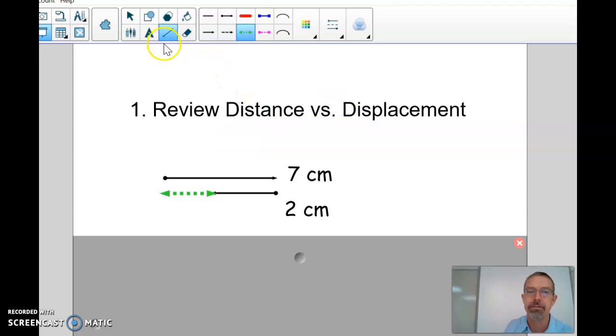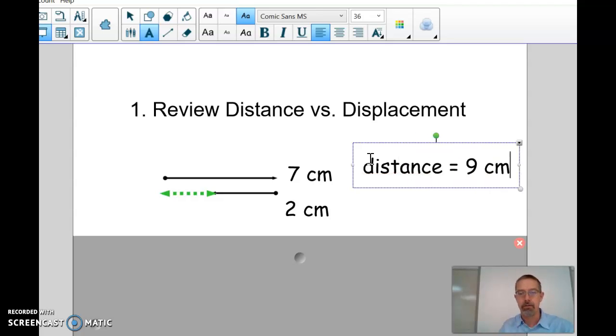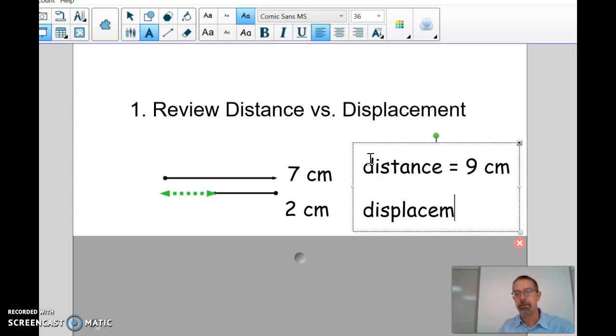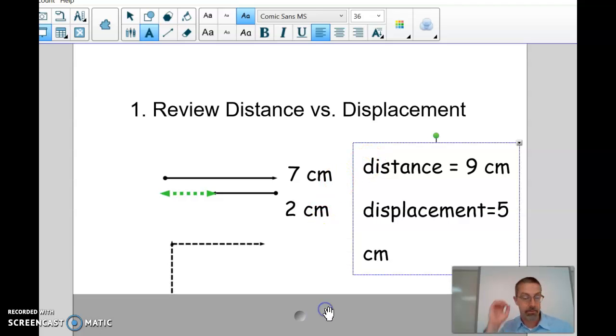So a big difference there. In this case, the distance would equal 9 centimeters, whereas the displacement equals a mere 5 centimeters. So kind of a difference between distance and displacement.